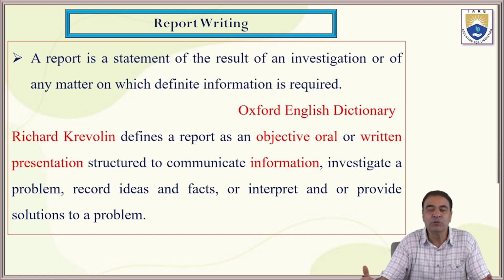In other words, in a report, we can't express our own views or our own thoughts. In fact, a report should be unbiased. It should carry the facts and figures. At the same time, it can be in oral or written form, both oral and written.